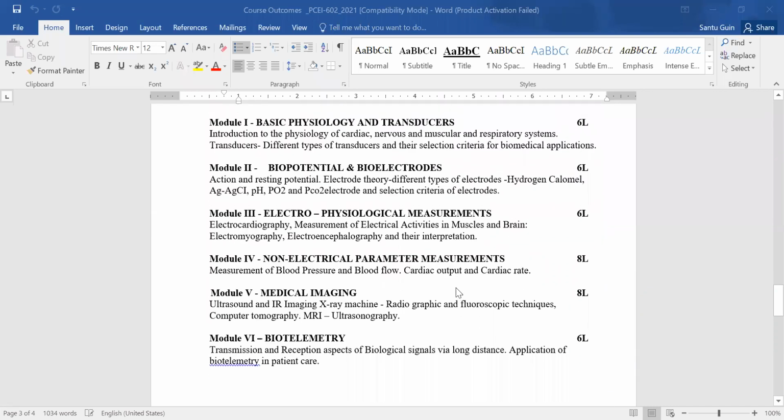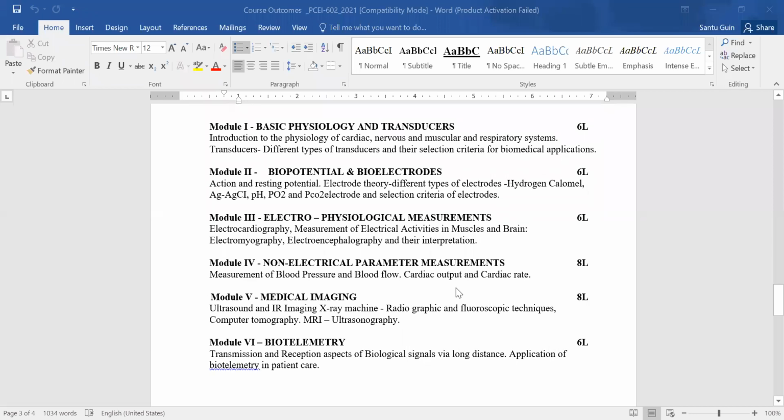So this is the syllabus of biomedical instrumentation, where there are 6 modules. Module one is based on the basic physiology and the transducers. Module two is based on the biopotential and bioelectrodes. Module three is based on the electrophysiological measurements, where electrocardiography, electromyography, electroencephalography and their applications are discussed.